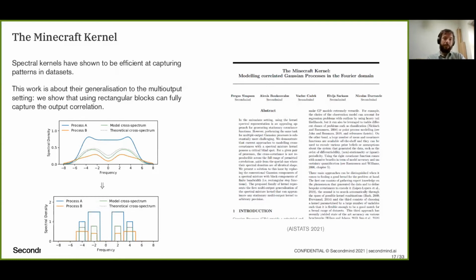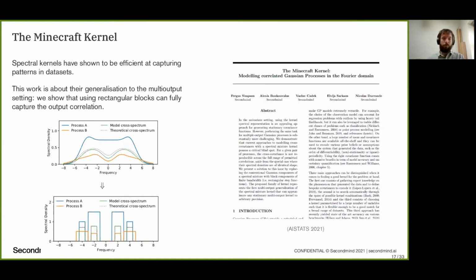And this work is about extending this spectral mixture kernel into the multi-output settings, and we find that if you use Gaussians, you have some limitations on how much the different components can be correlated. So the method we introduce is to replace the Gaussian components that are used to build the spectral density by blocks, hence the name Minecraft kernel.